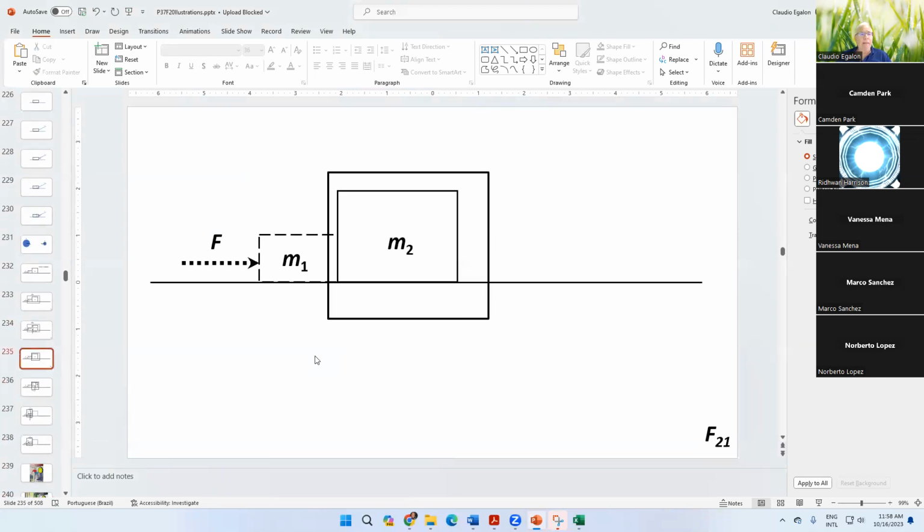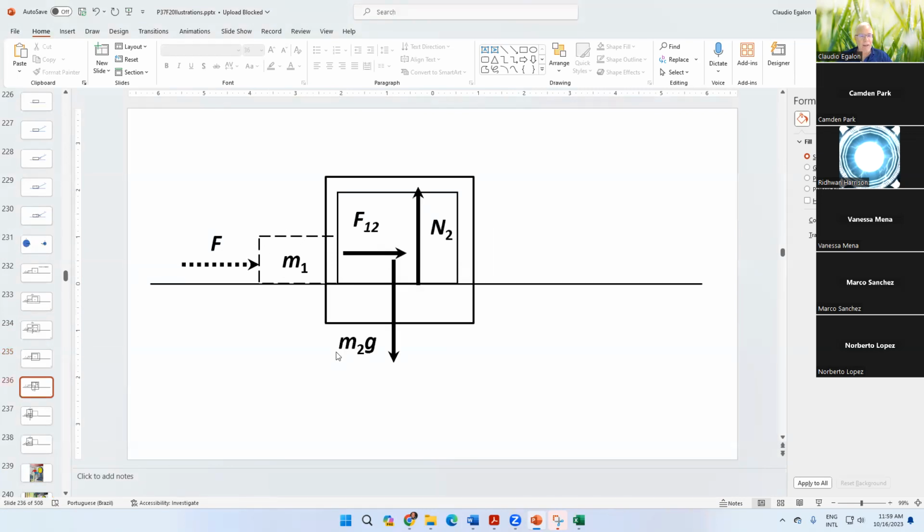But then there is this other part of the problem. What's going to be the contact force between m1 and m2? What's the force that 1 applies to 2? So you isolate mass 2. Mass 1 becomes like this little ghost that you see here. What are the forces applied to mass 2?